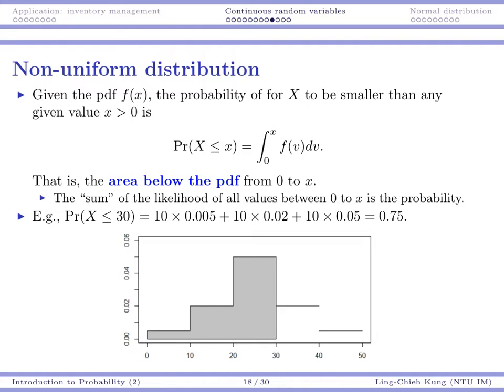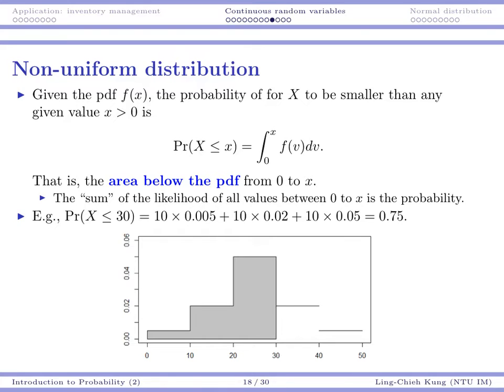Intuitively, when we do this integration, we are taking the sum of all the likelihood of all the values between 0 to x. That accumulation gives us the probability. Now, you can intuitively think f of x measures the likelihood for capital X to be the small x. Okay?